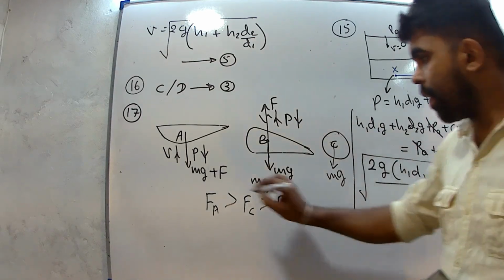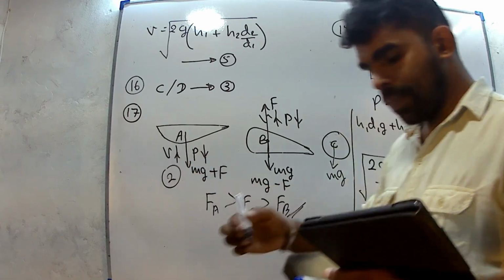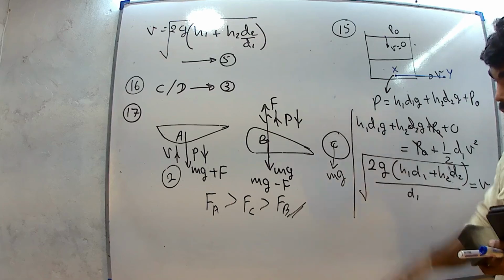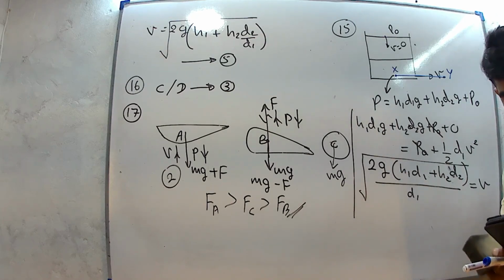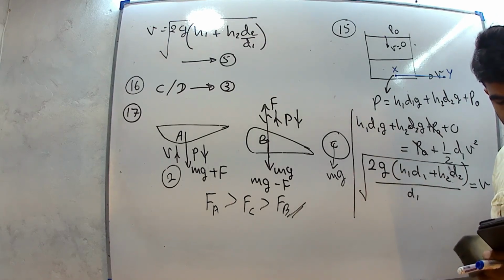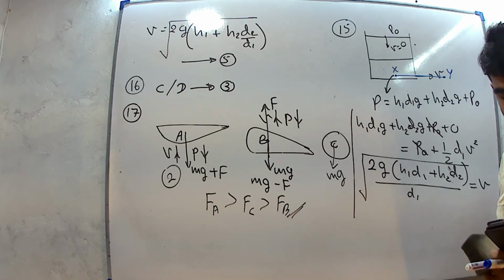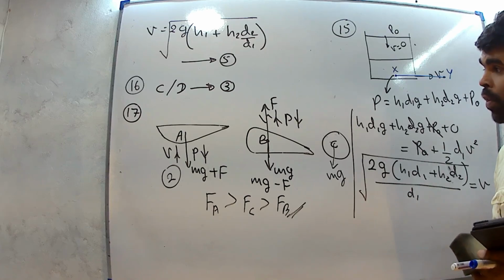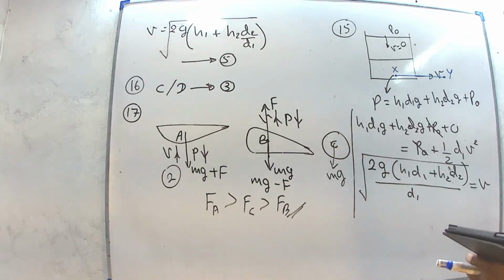Then the second one is the correct answer. But I think that there is a problem with the given figures. Therefore, they have given that all for question number 17.